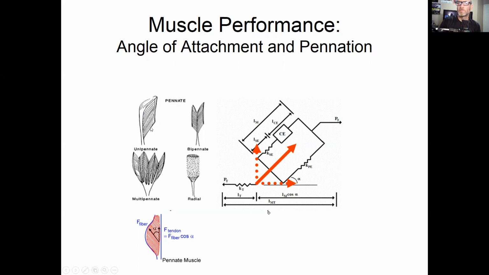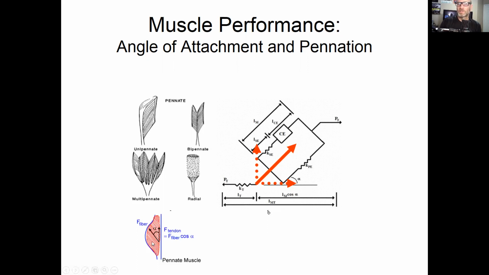So these muscle fibers are at an angle, okay? That angle is called pennation angle. This is a unipennate muscle. There's a bipennate, like a soleus. It's a multipennate, so like the pectoralis or radial type muscle is organized a little differently. So here, this is the pennation angle of a muscle.